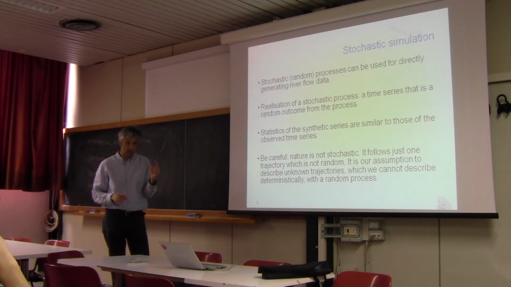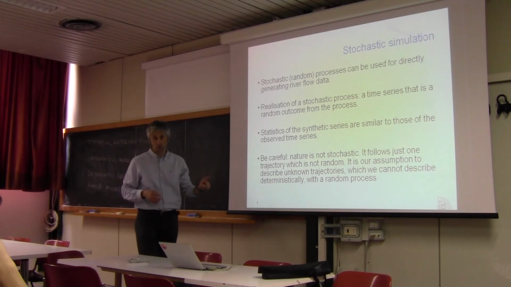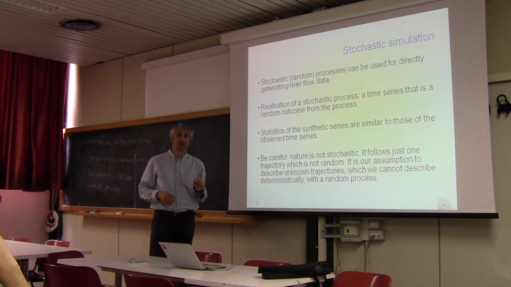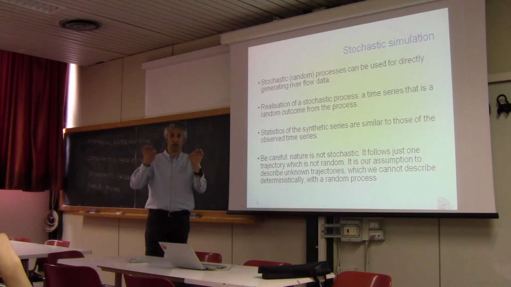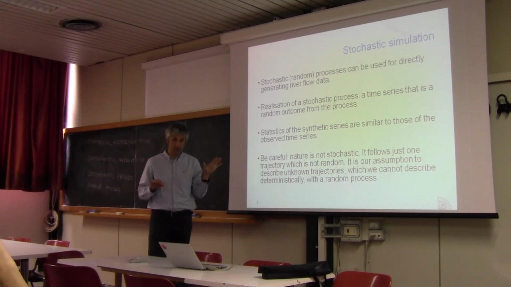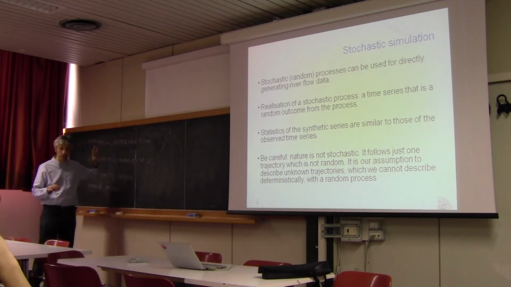We take our decisions, we make our experiences, and these are not random, because the decision that we take is one and is that one. So when we decide what kind of university we attend, we make one decision, and it's that one, which is deterministic, really. We cannot go back to the age of 19 and make the decision again and check what happens in our life if we take a different faculty. So basically, the mathematical model that we use to represent the river flow is stochastic.